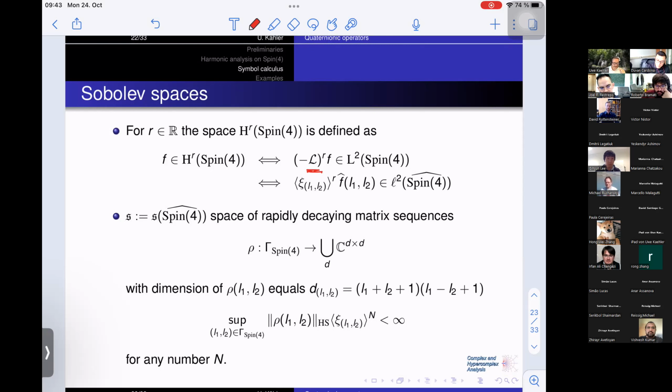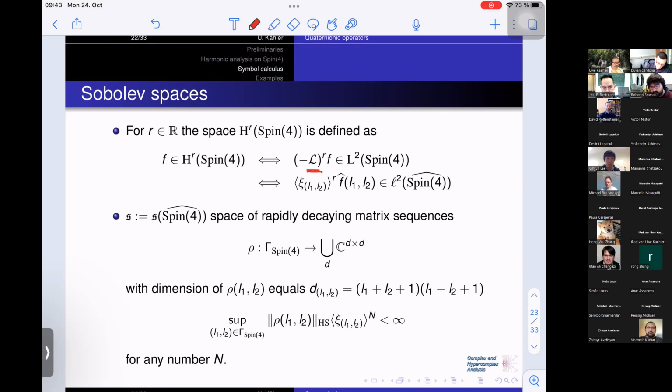And you have the representations applied to F in small L2. And the equivalent of the test functions, the rapidly decaying matrix sequences, is also defined in that way. So you have basically gamma here.